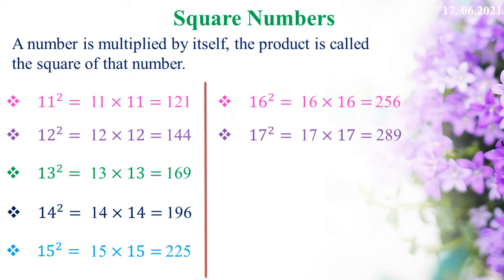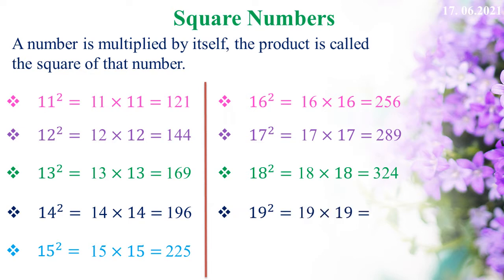We get 289. 18 square equals 18 into 18. We get 324. 19 square equals 19 into 19. We get 361. 20 square equals 20 into 20. We get 400.